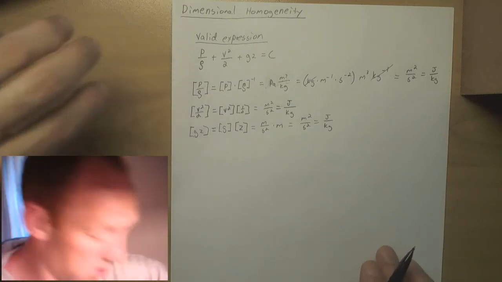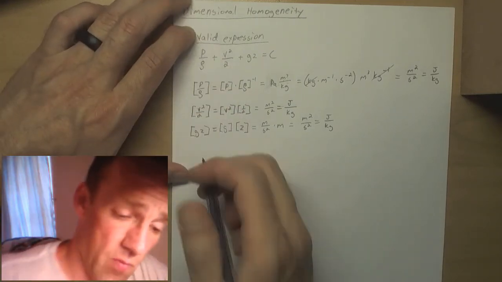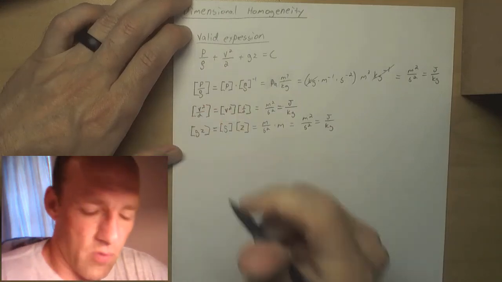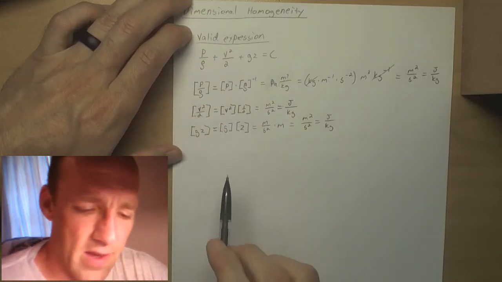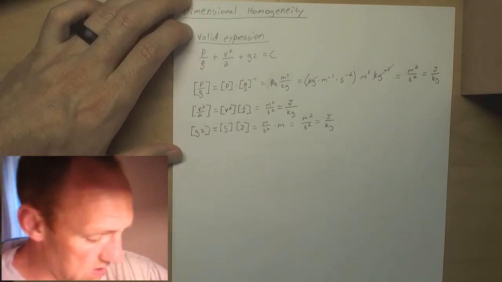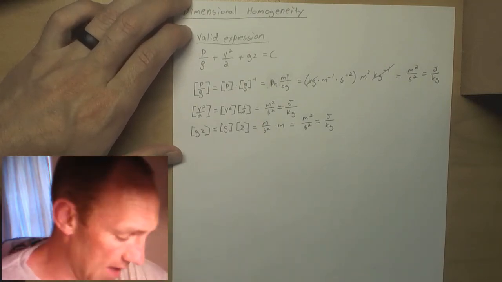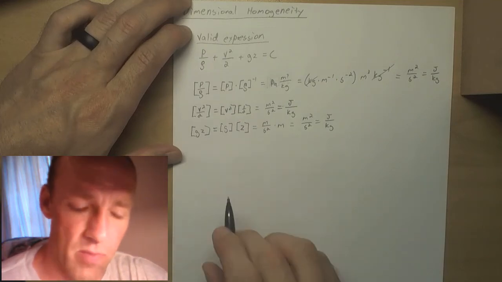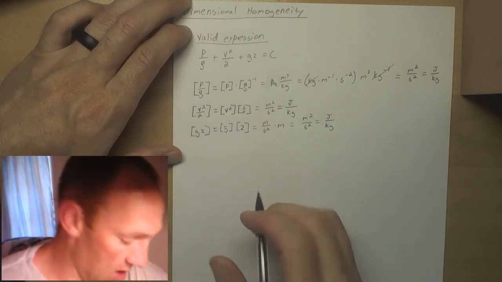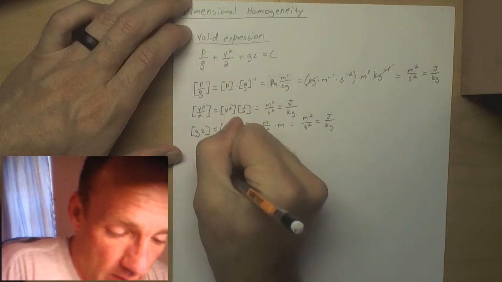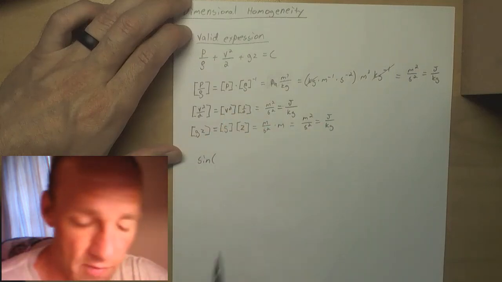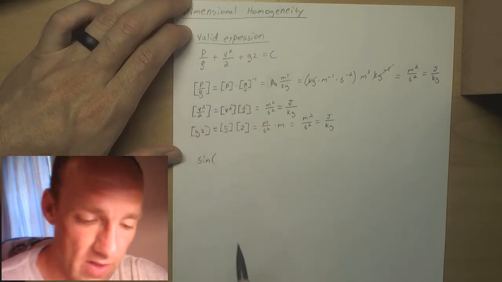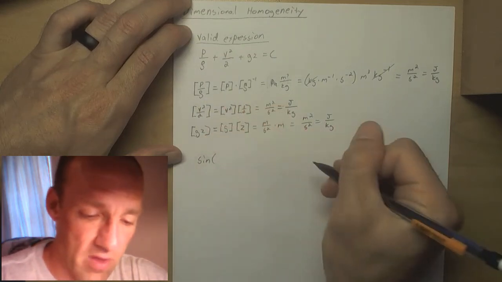Now, the last thing I want to cover is that there are some terms in a formula that require their arguments to be dimensionless. Okay, so if you ever have a sine of an argument showing up in an expression like this, the units must cancel.